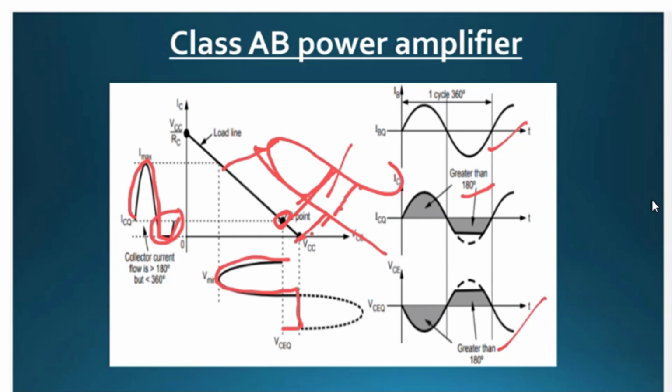Another important point is that class AB efficiency is very near to class B, because the shift in operating point is very small: for class B it is on the x-axis and for class AB it is above the x-axis. Hence we can say the efficiency of class AB power amplifier is about the same as that of class B.